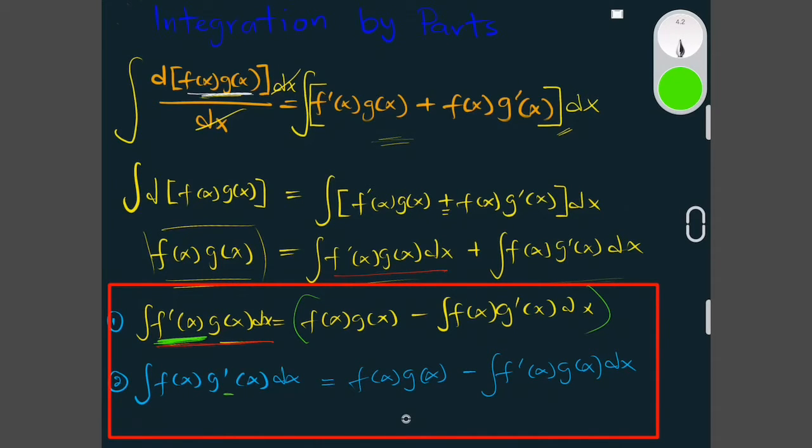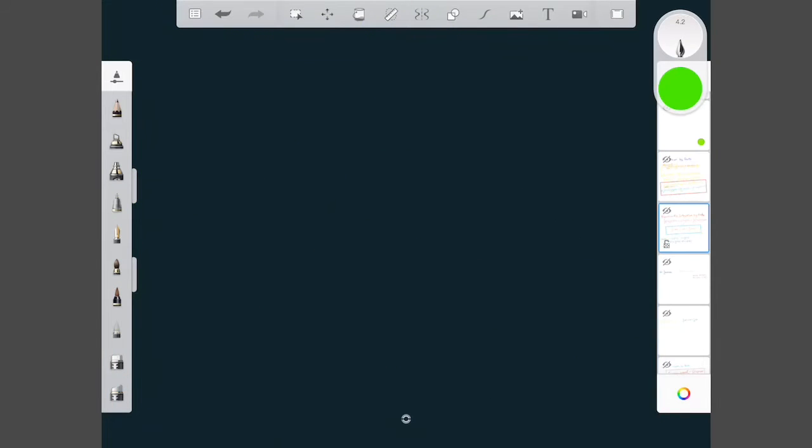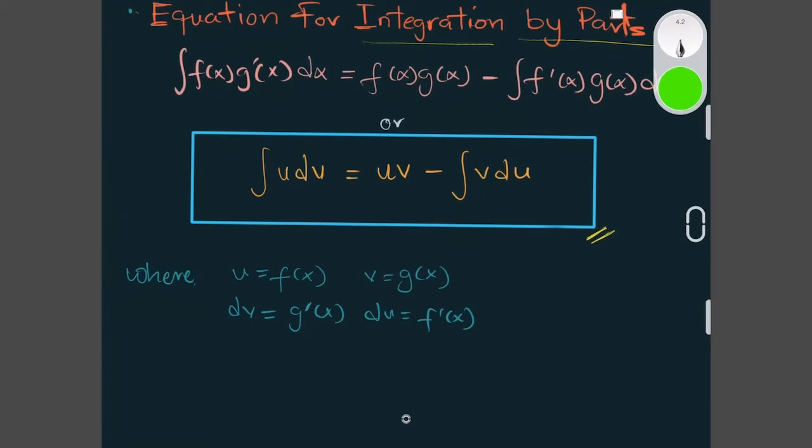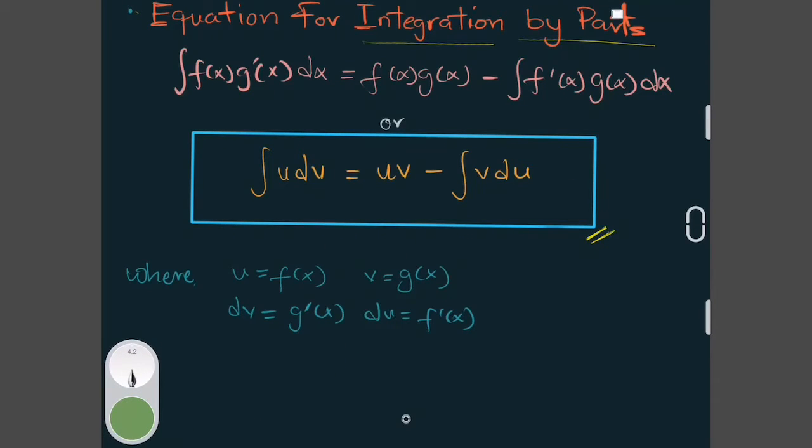Or we could say g(x) is the derivative of something, and we will still get the same result. So this is pretty much the equation for integration by parts. And this is how you might see that equation in your book or any other books.